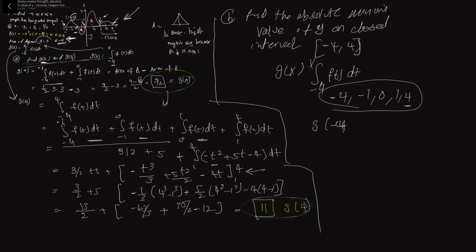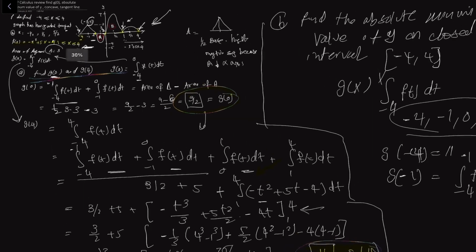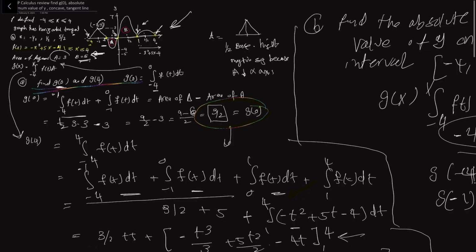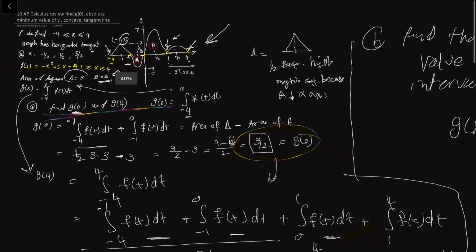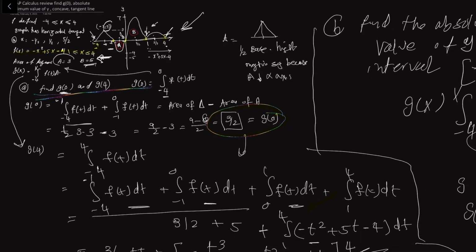We know g of 4 is equal to 11, and we know g of -1, that's a triangle, that's equal to the integral from -4 to -1 of f of t dt. So g of -4, g of -1, 0, 1, and 4.